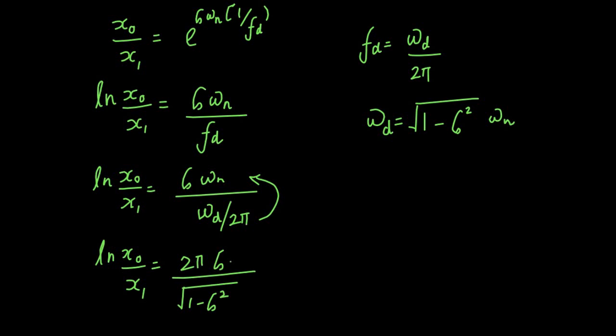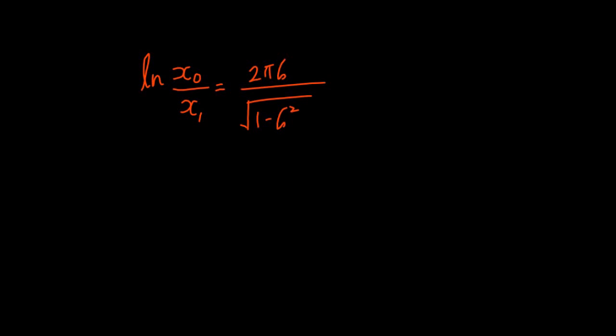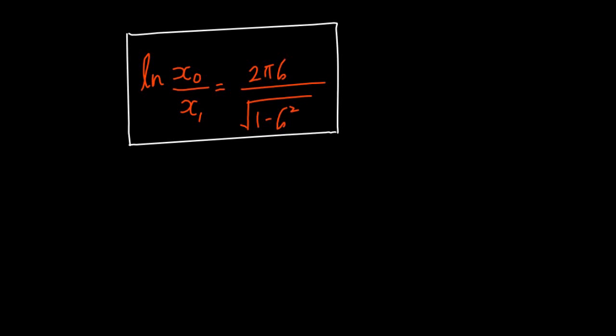Well, I missed this omega n in the numerator, and there is an omega n in the denominator, so they cancel each other out. Finally, the natural logarithm of x naught over x1 is equal to 2 pi zeta over square root of 1 minus zeta square. I'm going to put a box there. This is the expression for the logarithmic decrement.